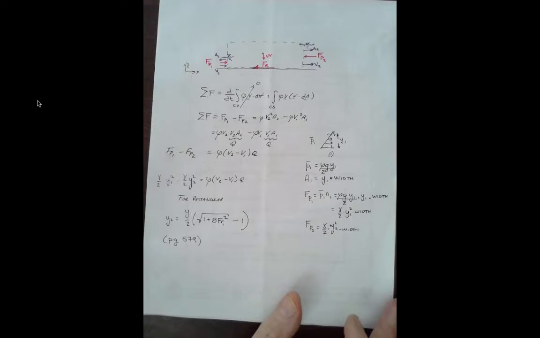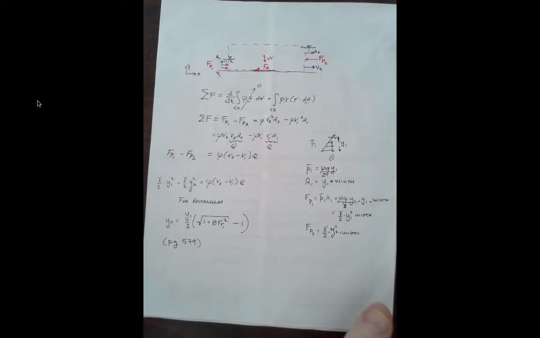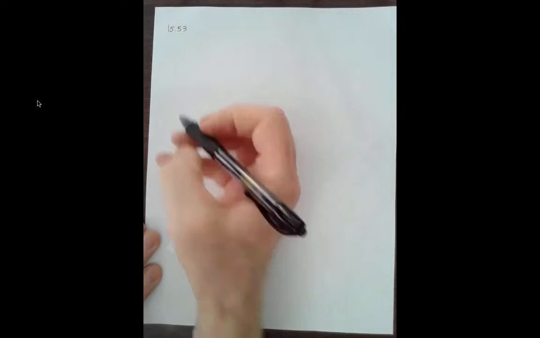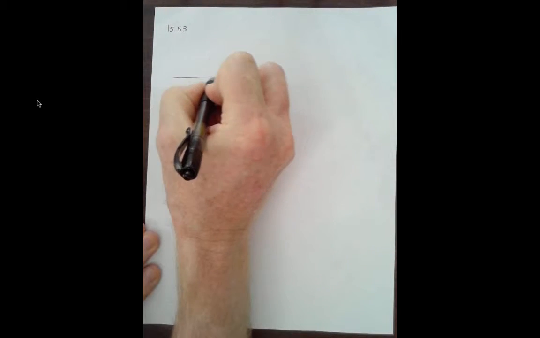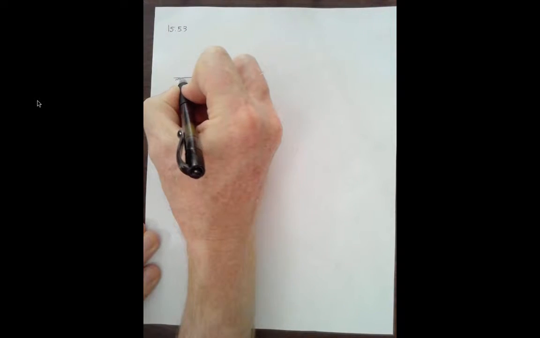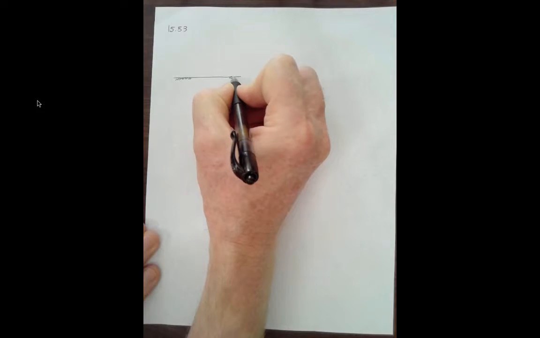We can apply this idea, and we'll use problem 15.53 as an example. In problem 15.53, we're presented with a channel, nice and horizontal.